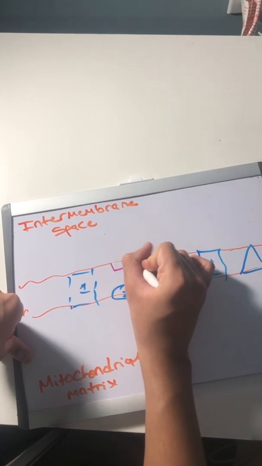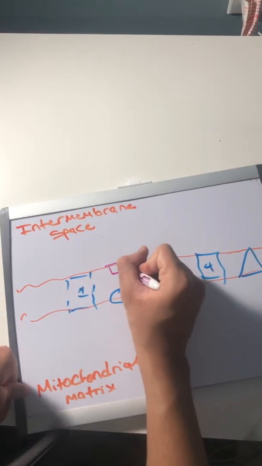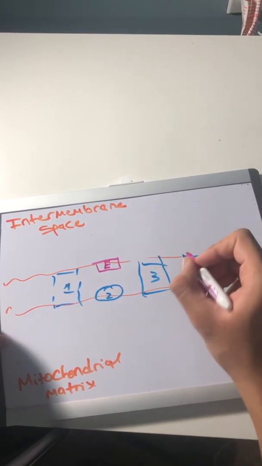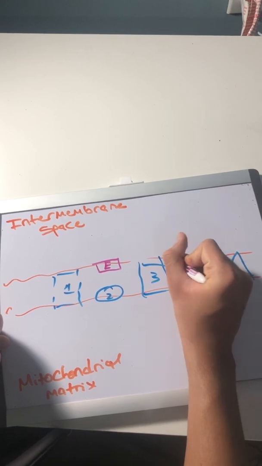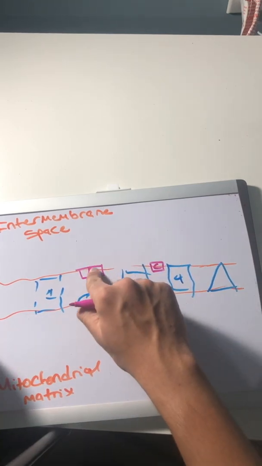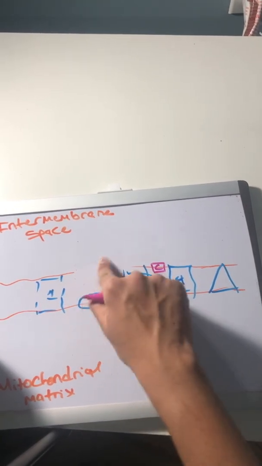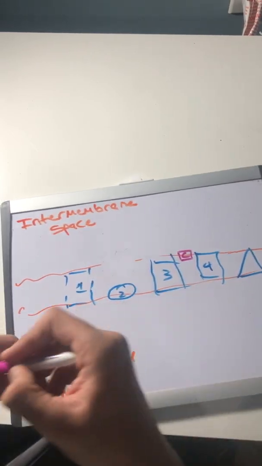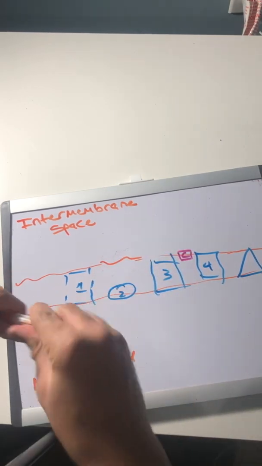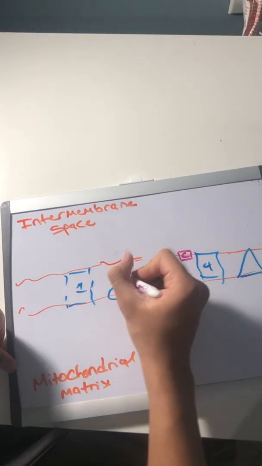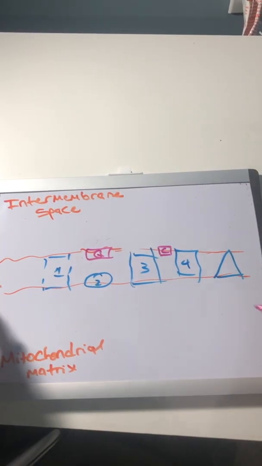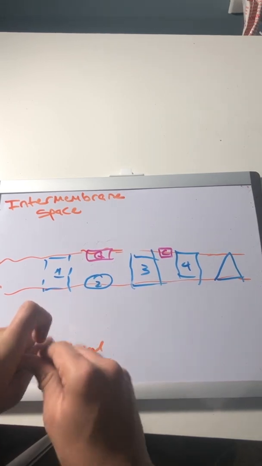The first one, let's put Q right here, is called coenzyme Q. And after complex 3, there's another one called cytochrome C. Sorry for that, guys.